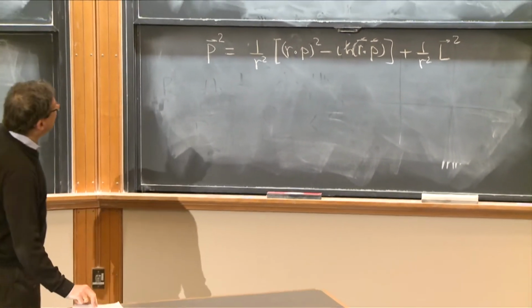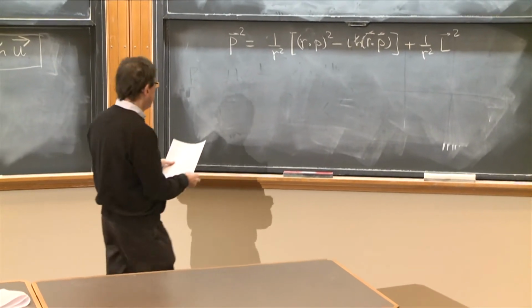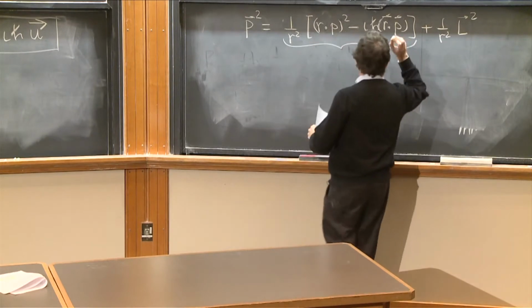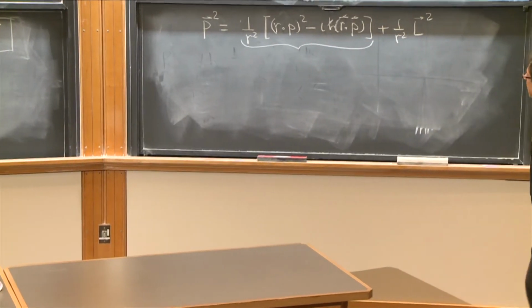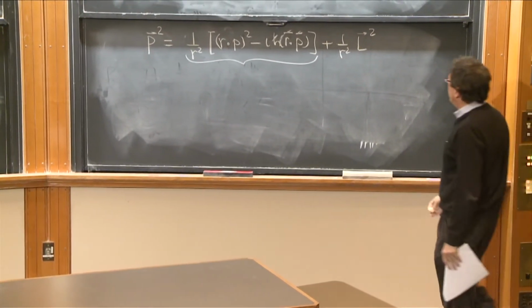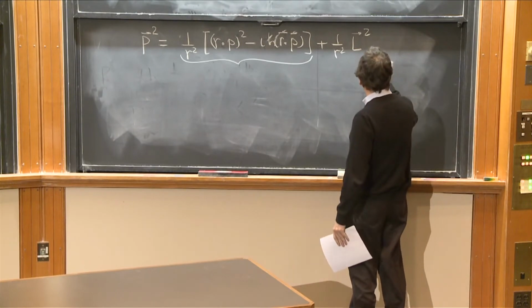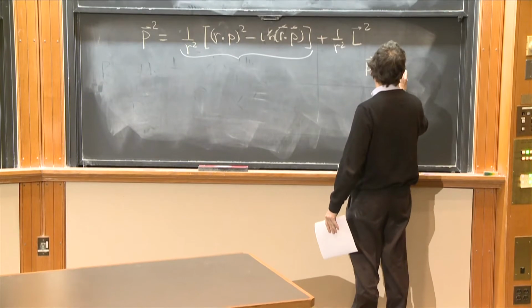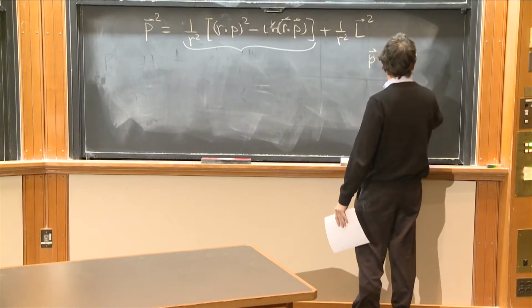Now, what is this? Well, this is a simple computation when you remember that the P vector is h bar over i gradient.